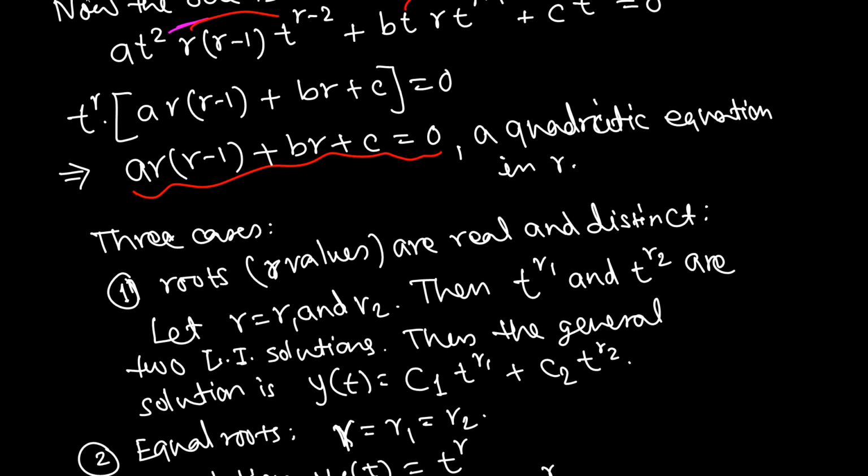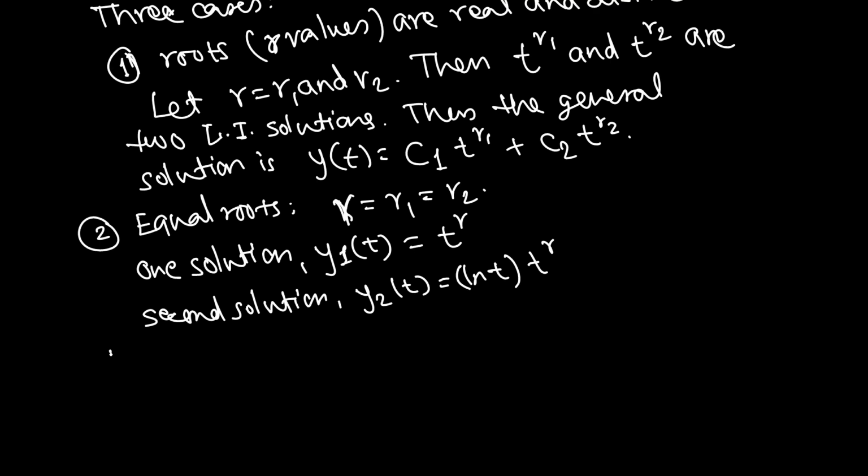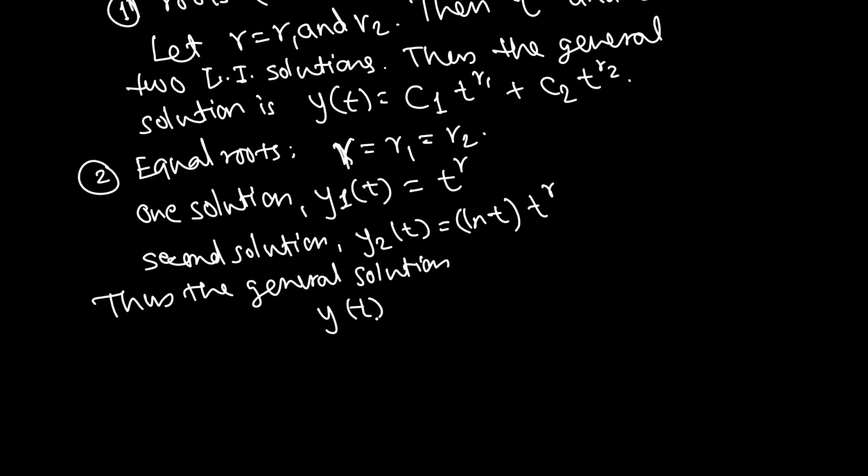Okay, that will be a solution, and obviously this is linearly independent with this, so these two solutions form a fundamental set of solutions, and thus in this case the general solution y as a function of t is c1 first solution t^r plus c2 second solution ln t times t^r, and our t is positive, so we don't have to put absolute value.